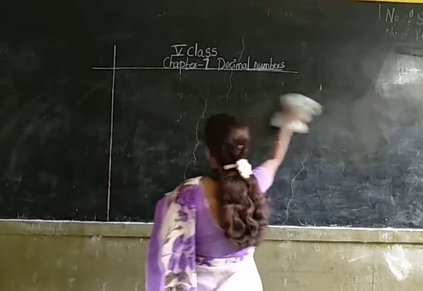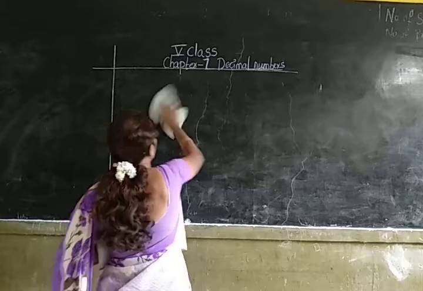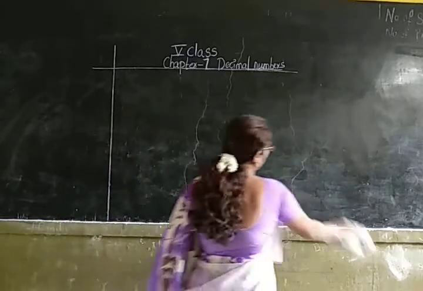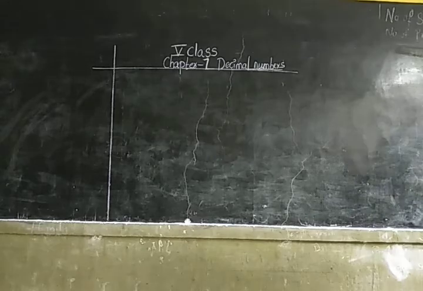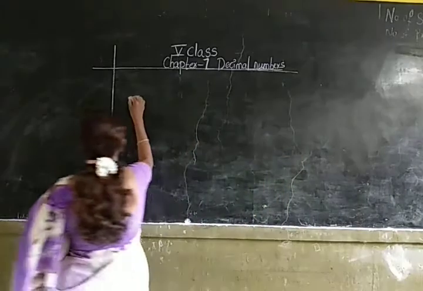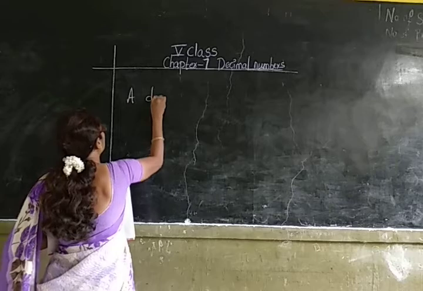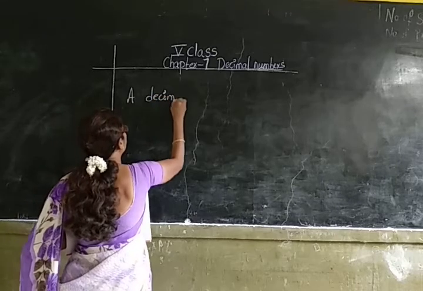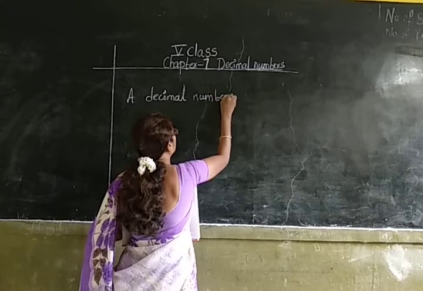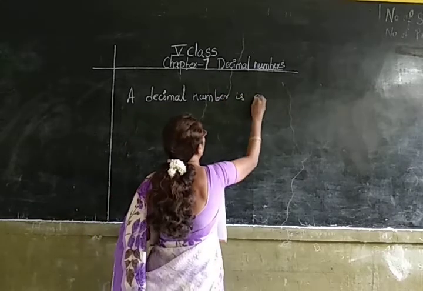For example, 1.2, 3.4, 4.6, 7.8, all these are called decimal numbers. A decimal number is a combination of three parts.